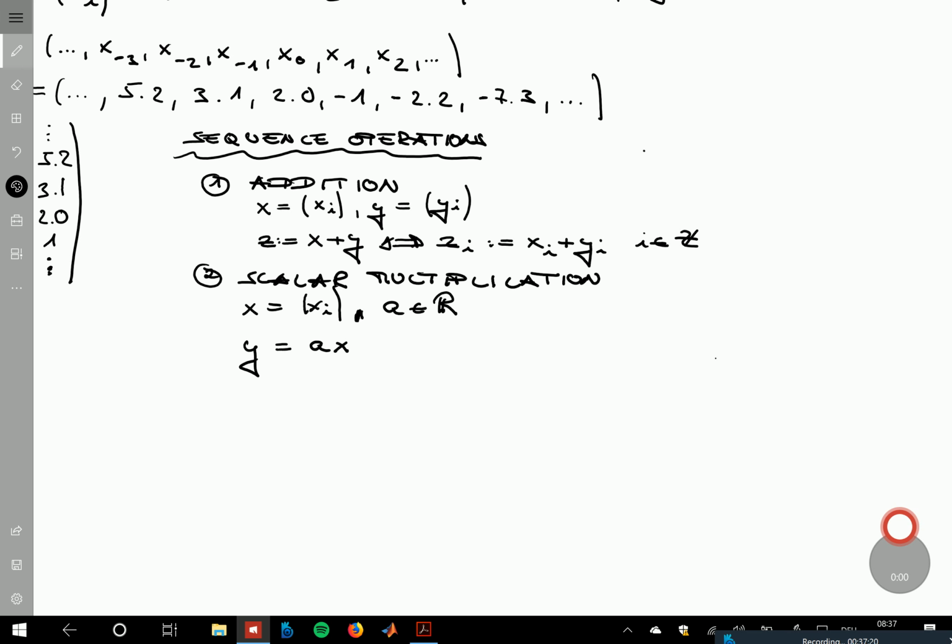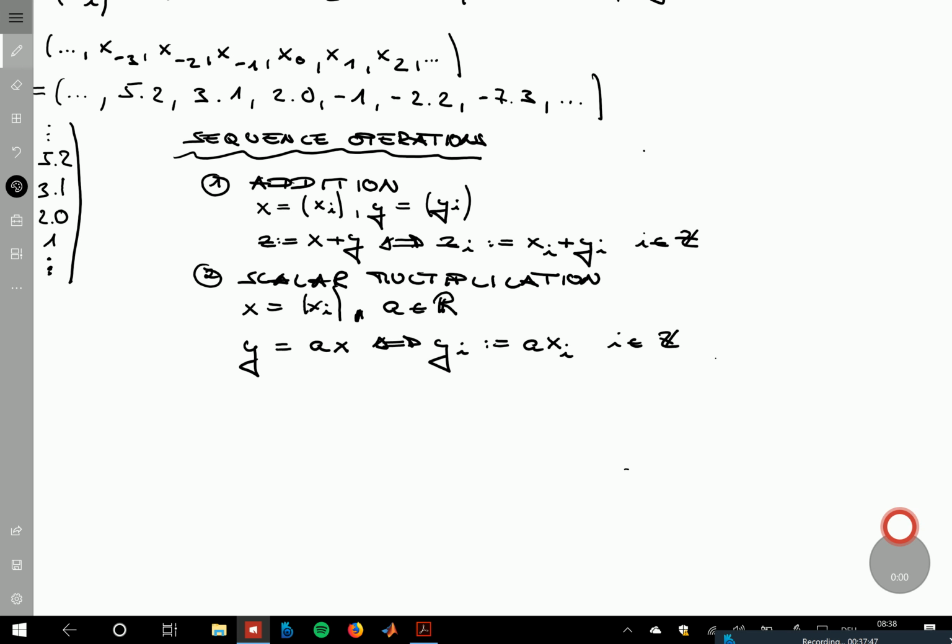So A times X, that's the scalar product, which results in a new sequence Y. And the elements of this new sequence Y are defined as the products of the elements Xi times the scalar, for all i in Z.